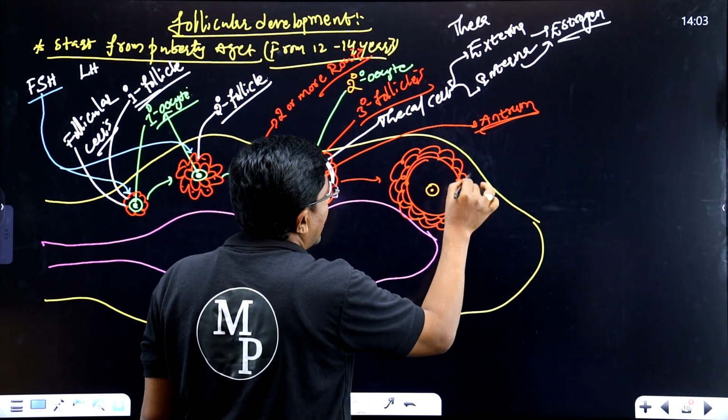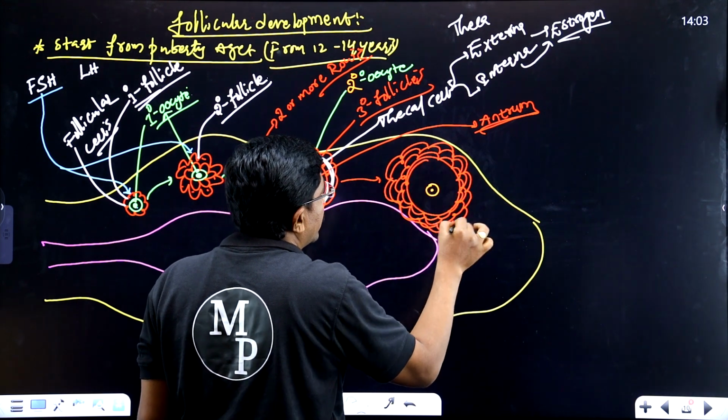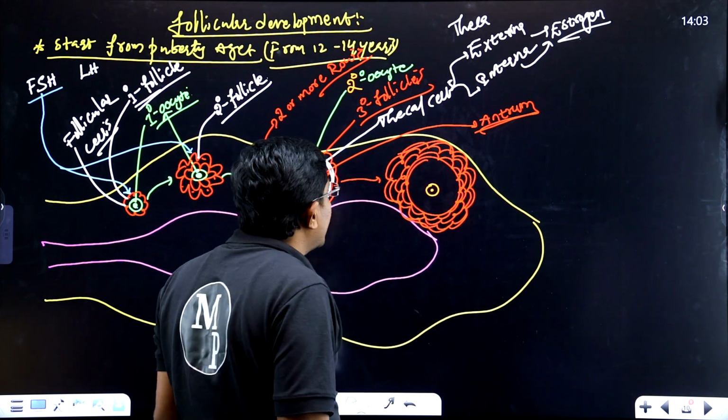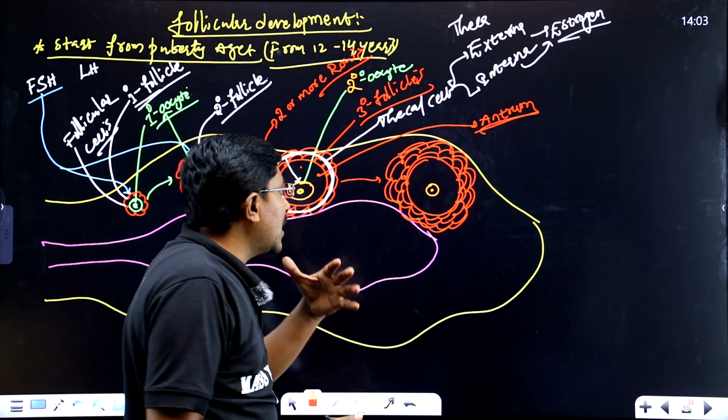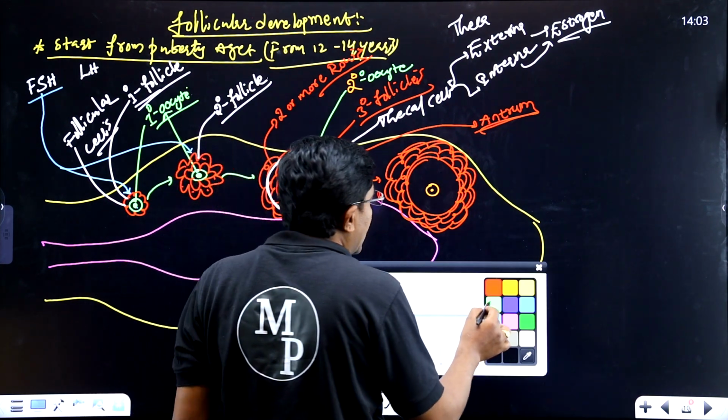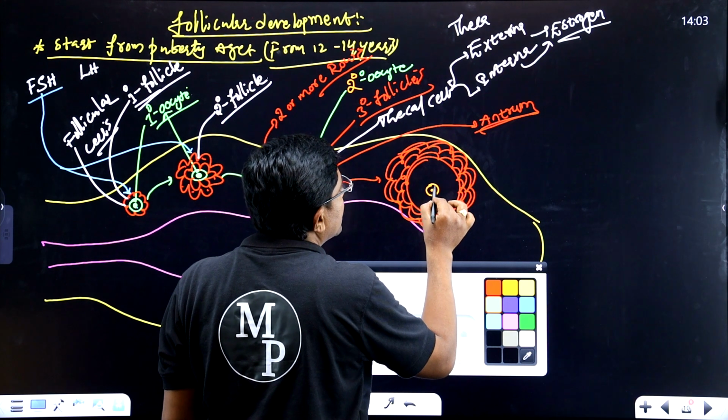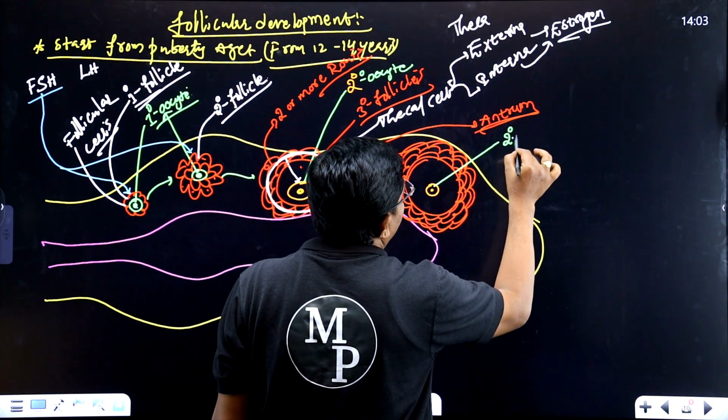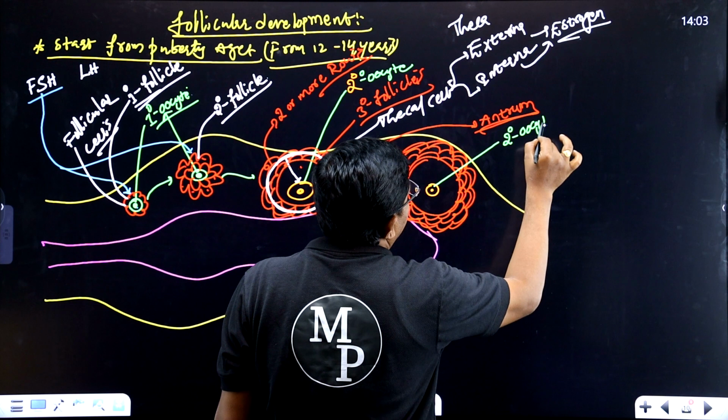These are developed in more than two rows, and the size is also very big. Surrounding it is the secondary oocyte.